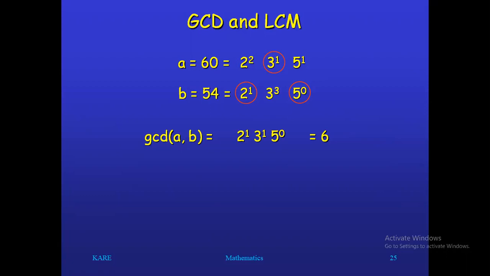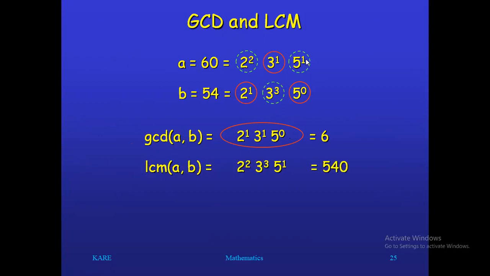GCD means, what I told you already, minimal. So 2 power n, 3 power n, 5 power 0. Same thing. LCM. What is LCM here? Maximum. 2 square, 3 cube, 5 power 1. Yeah, same thing.